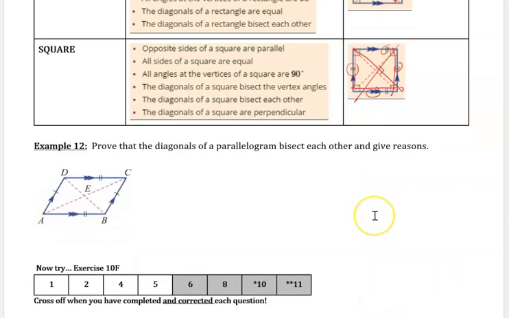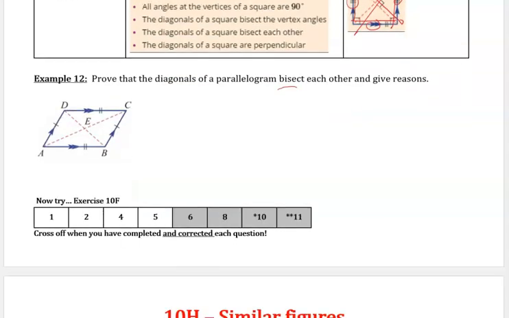Now, the tricky part is to prove that the diagonals of a parallelogram bisect, so they're equal on each half, and give reasons. So the funky thing we're going to do is draw DC, CA, AB, like this. So we're going to make them into triangles. So what we really have is two triangles.